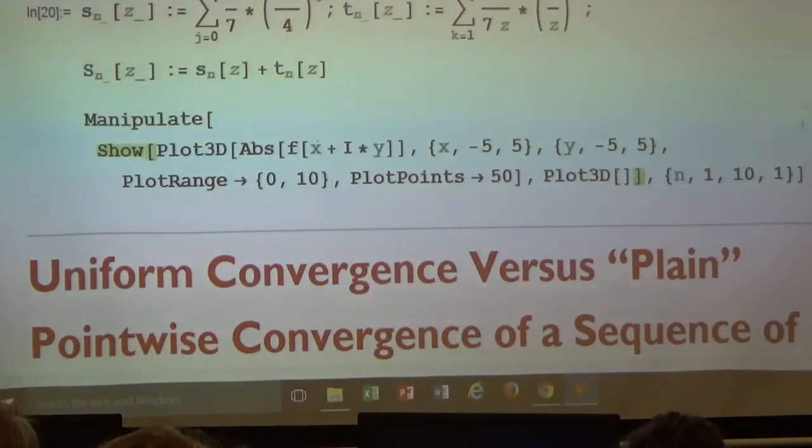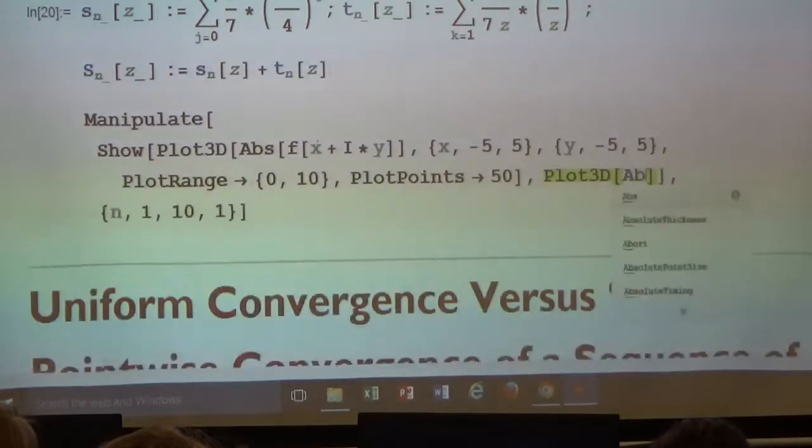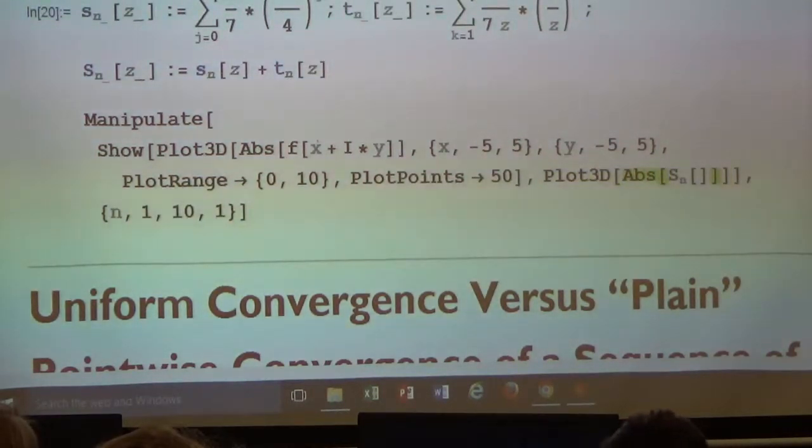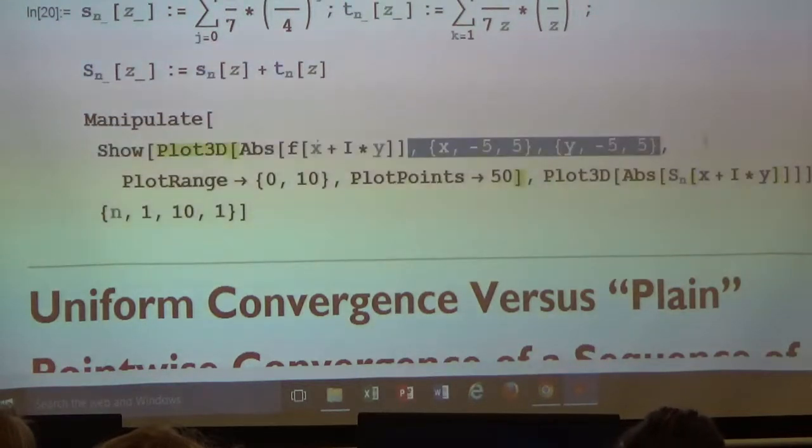So then I'm going to plot capital S sub n of z in modulus as well. ABS, capital S sub n of z. Instead of a z, I need to type in x plus I times y. The same domain.